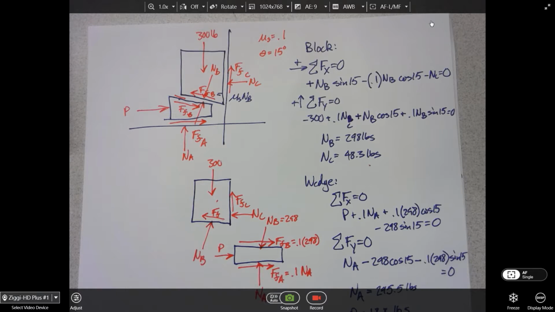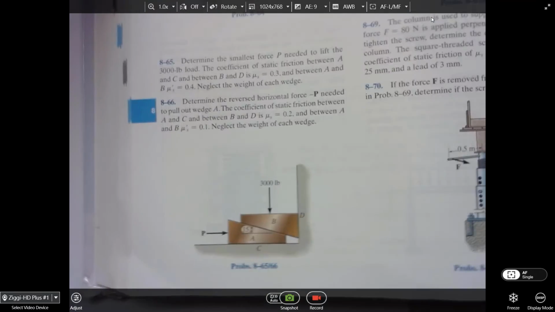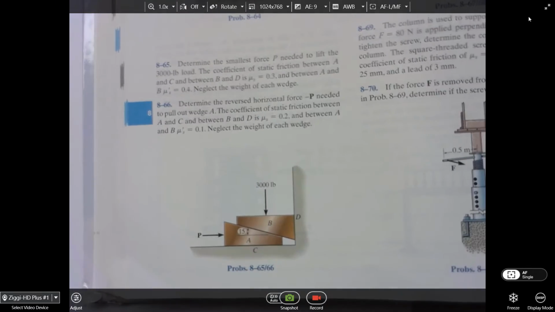So, all right, where are we at? We have 10:45. Why don't I have you do a wedge problem here? Yeah, we can do 865. Very similar to what we just did, but I'll have you work this.